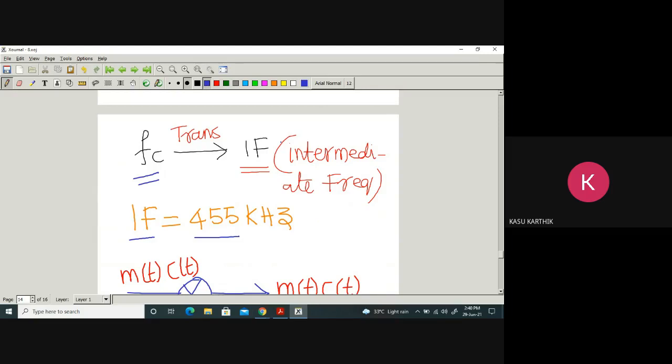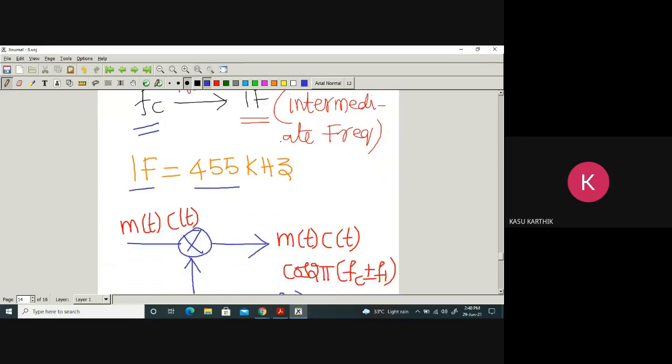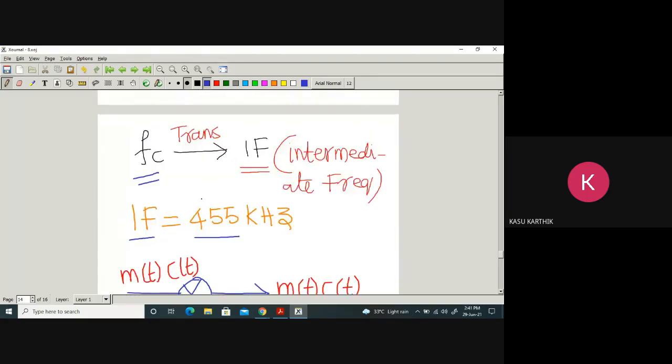Now we are changing the center frequency of a modulated signal to a new frequency, called the intermediate frequency. We know already for AM the IF is 455 kilohertz, for FM it is 10.7 megahertz. Those are standard values, they won't change. Which means we are frequency translating from Fc to IF.